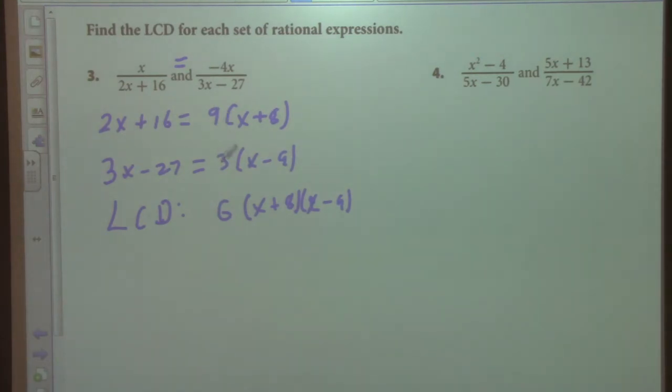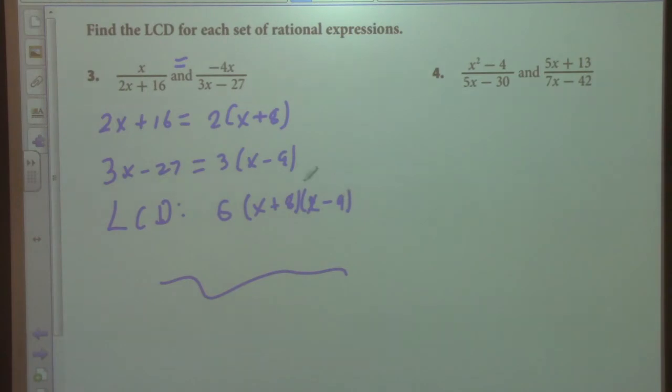No, because 3 isn't going to clear out. 3 will clear this out, but a 3 won't clear this out. If you have a situation like this, your least common denominator is going to be 9, because 3 is included in that as a factor. So we'll see more like that. But 6 is the answer to this here, all right?